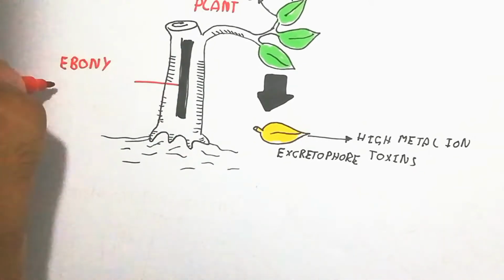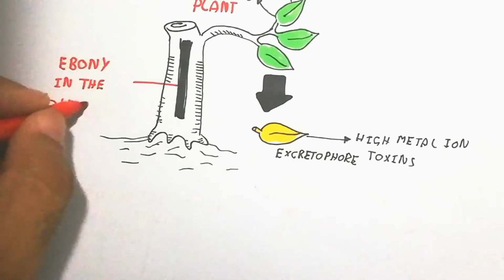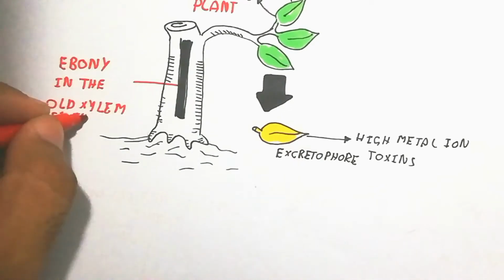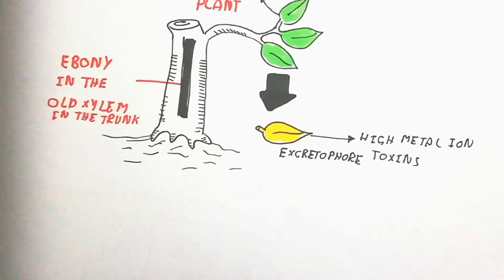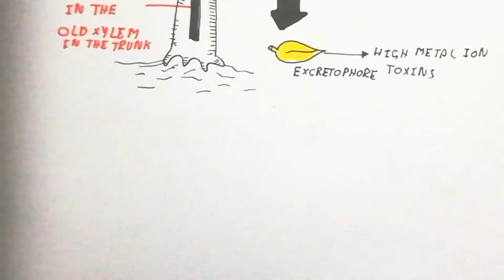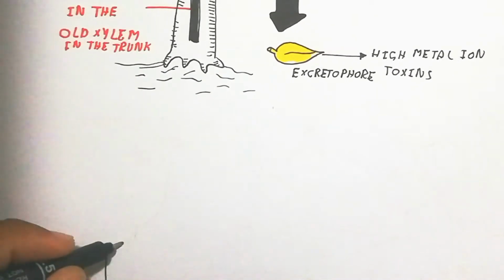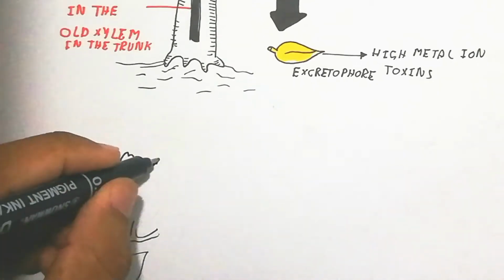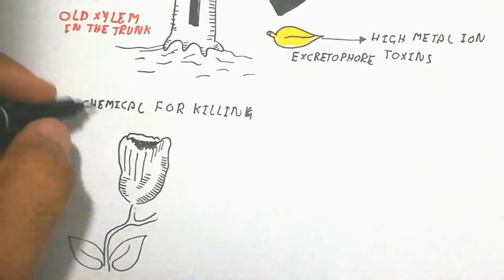It stores the minerals and ions, which are toxins, and that storage is due to the harmful material being reserved in the form of waste material in the plant. So that is known as old xylem in the trunk and shoot system, basically not the root system.